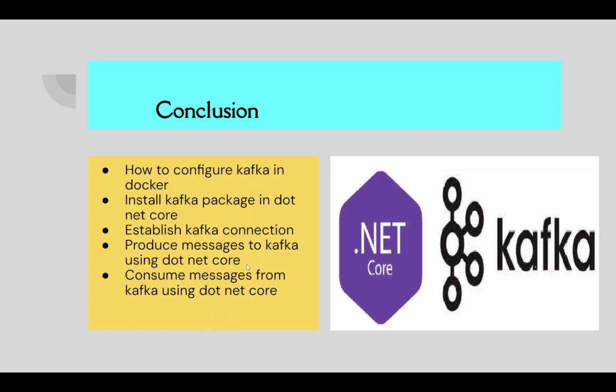Then we saw how to serialize and deserialize the data, which is important, converting the model into JSON format and JSON into model format. And finally, we produced messages to Kafka using .NET Core.